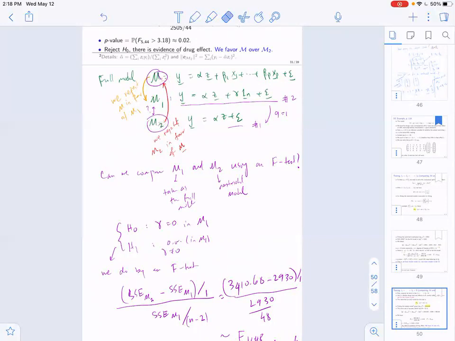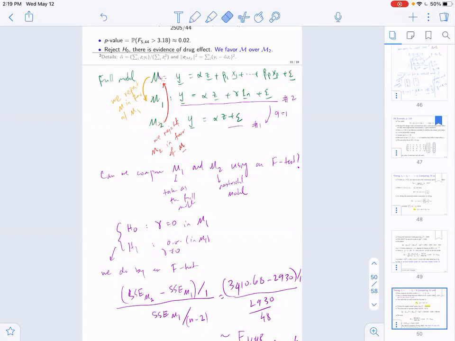And so up to this point, it seems like everything points to model M1. If I want to choose between M2 and M, I have to go with M. If I want to choose between M1 and M, I have to go with M1. So we're at M1. There was another possible test that we could do between these 2. And this is actually a valid F-test.